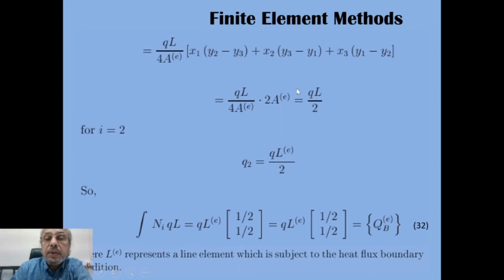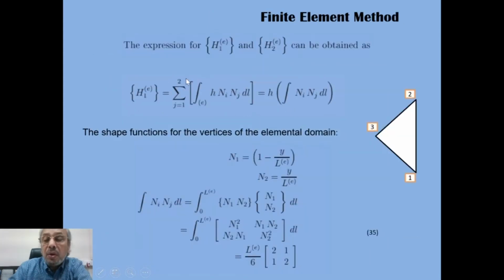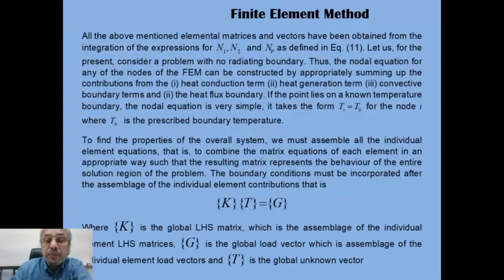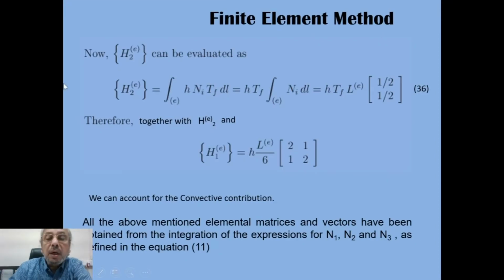So basically we get the value of this integration as half. So here also we perform a similar integral, h Tf L we get outside the array, and within the array we get half and half.